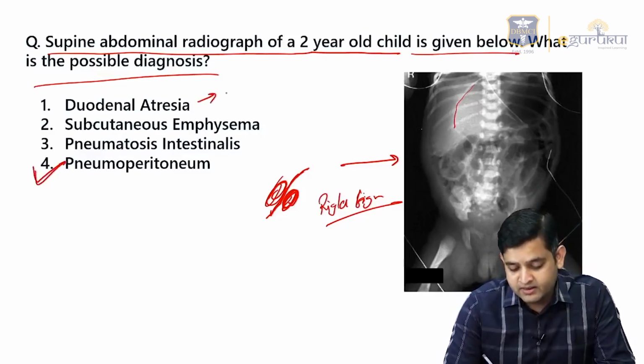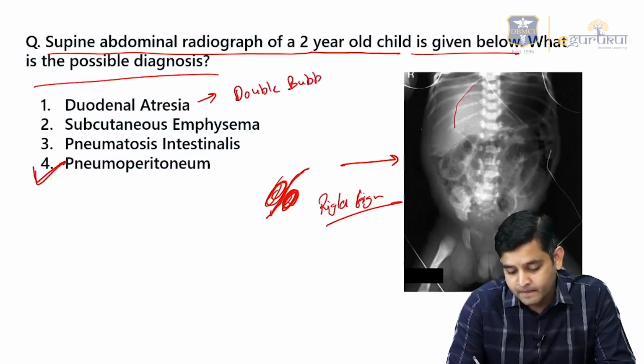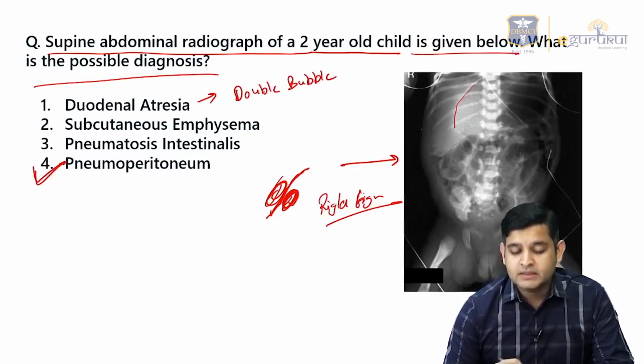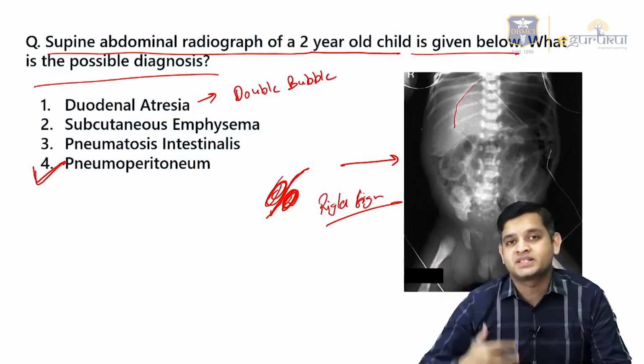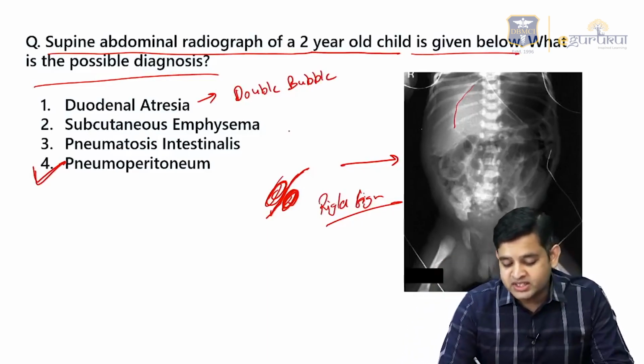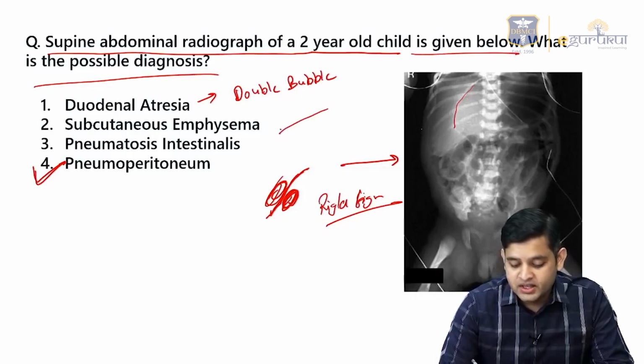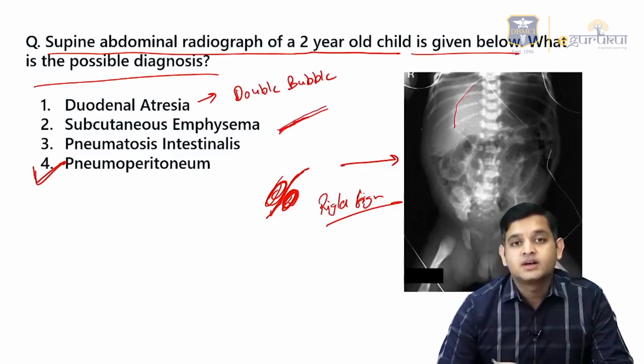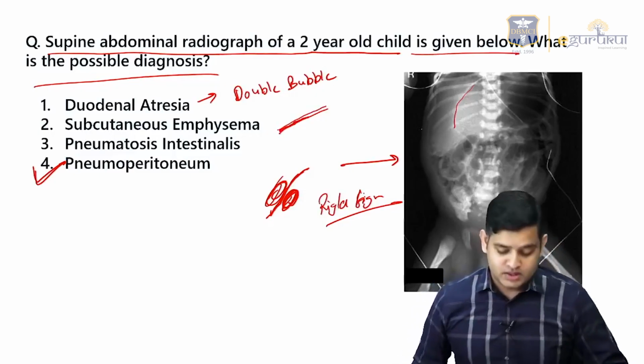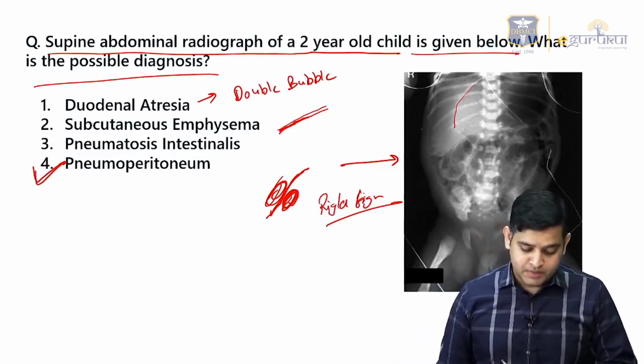Duodenal atresia will show a double bubble appearance. Subcutaneous emphysema is usually present in the chest. Pneumatosis intestinalis will be seen in the form of small foci of air within the wall of the bowel. So this is a case of pneumoperitoneum.